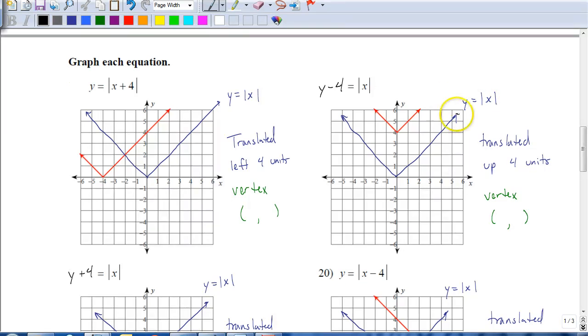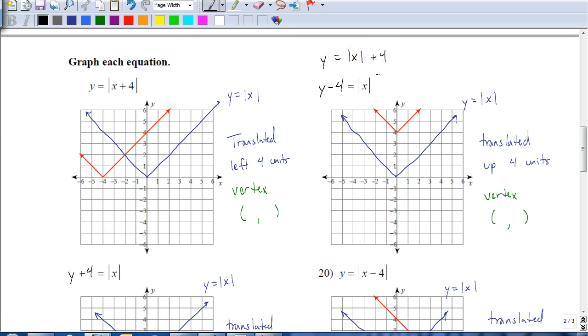In blue, I have what we call our parent function for the absolute value function. So y equals absolute value of x is your parent function. All these other graphs are based on that. Originally it said plus 4, but notice I moved it to the other side, and there's a reason for that. So y minus 4 was the same as y equals the absolute value of x plus 4.